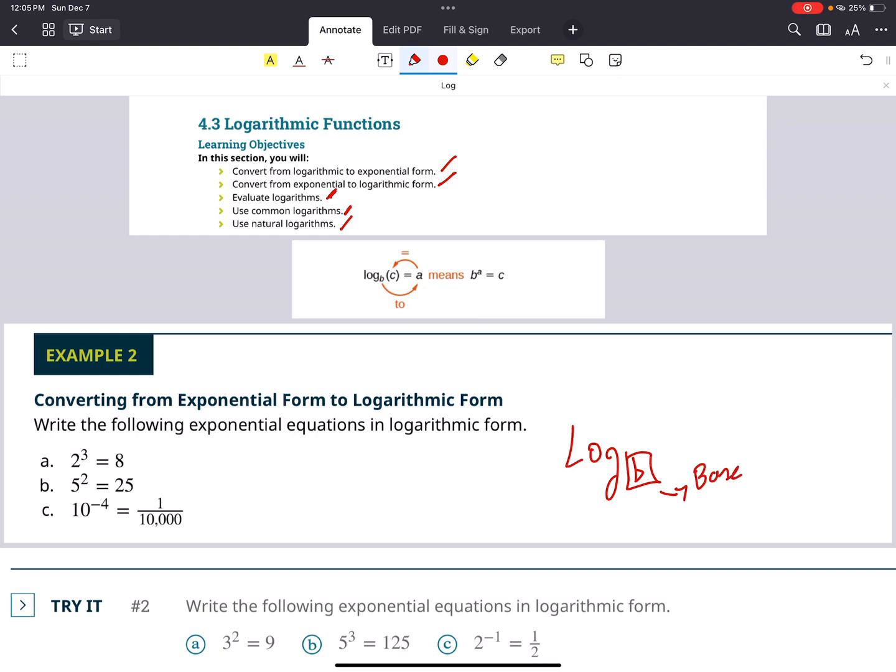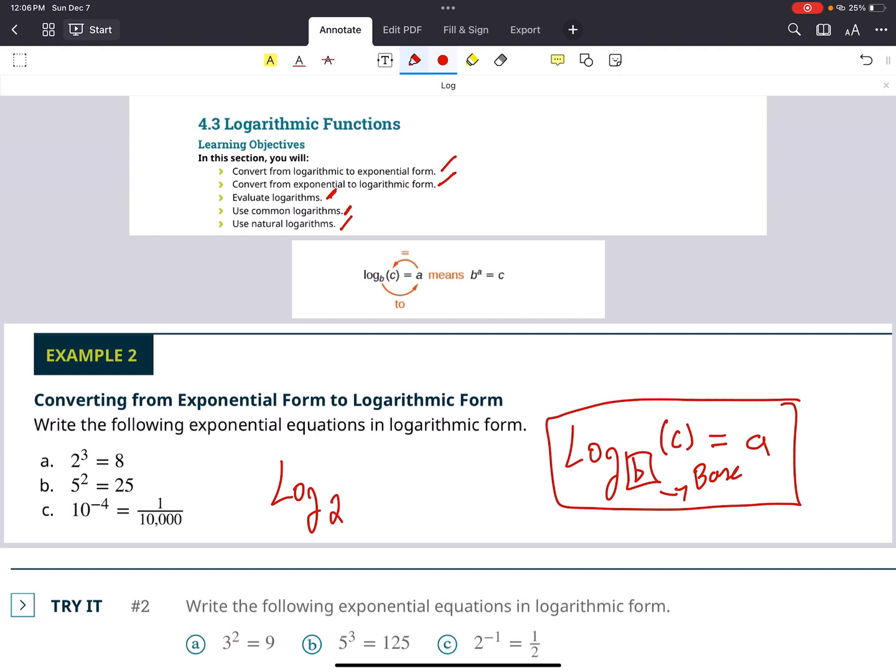Now the input is simply, let's call it c, and it equals the output, which is a. So we have a log, let's say of base 2, it has an input of 8 equals 3.